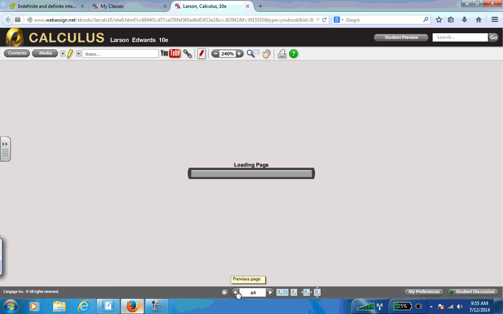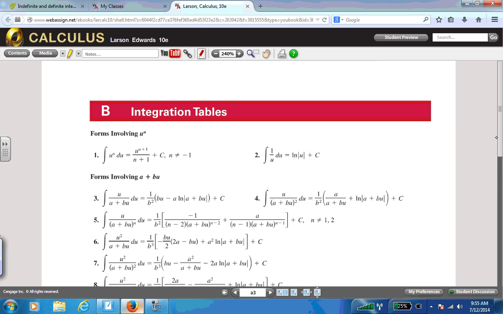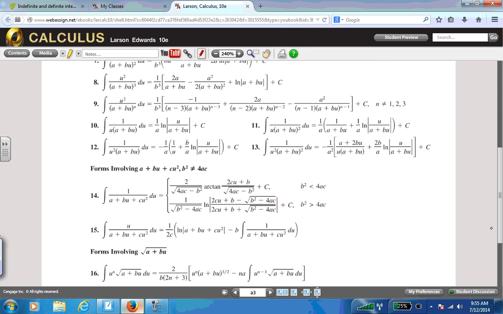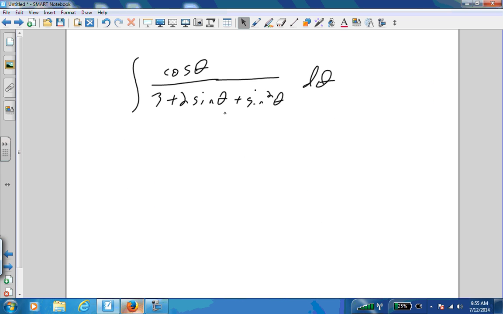But if we go back to a formula we used earlier, notice this is basically quadratic in form. We have a constant, a variable, or a function times a constant, and then a function squared. So essentially, on bottom we have a plus b u plus c u squared, which would make our u sine theta.